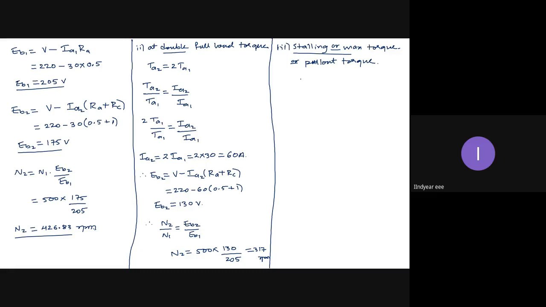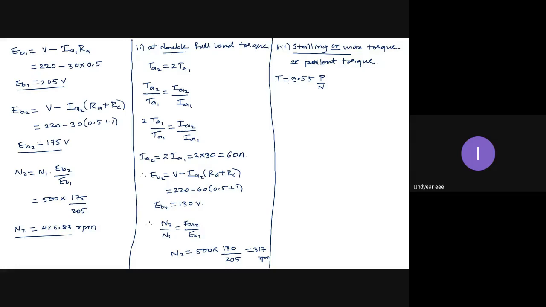So I have a relation that T is equal to 9.55 into P divided by N. Torque is equal to 9.55 P divided by N. Now, if I want the shaft torque, I should take shaft power.